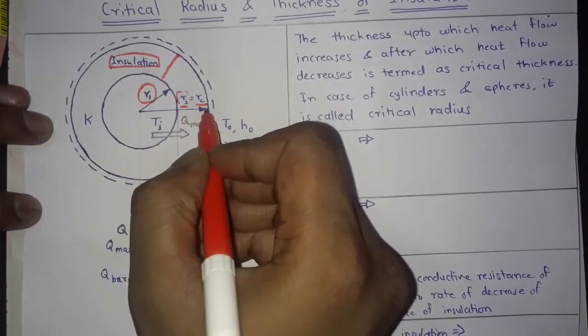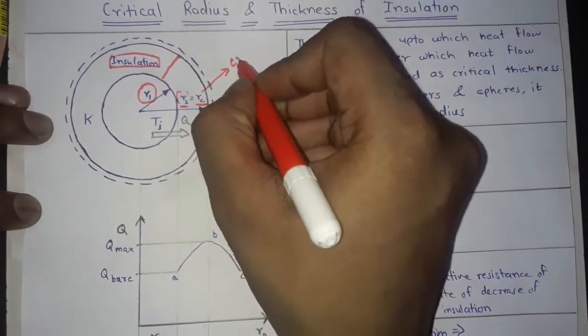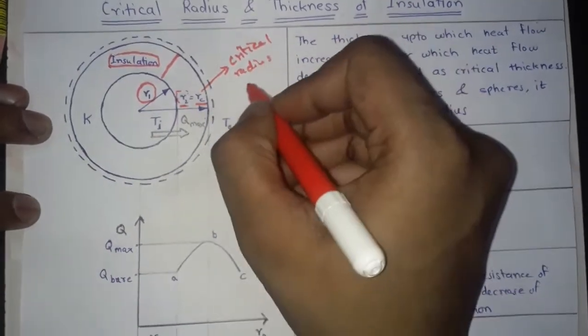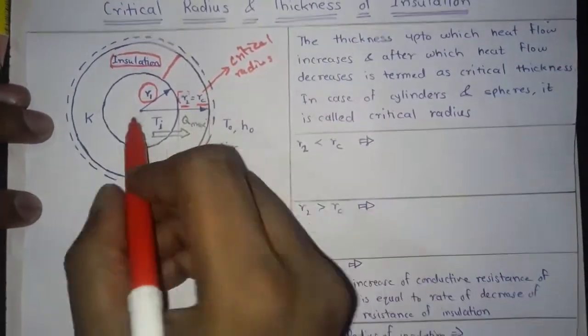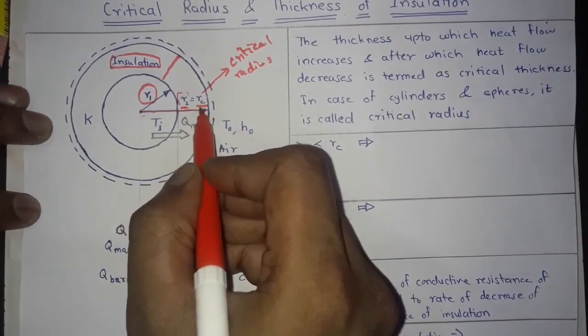This radius is our critical radius rc. The critical radius of insulation rc is this much portion, this radius.